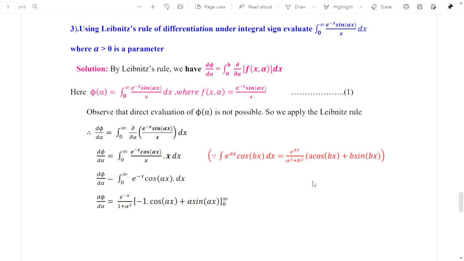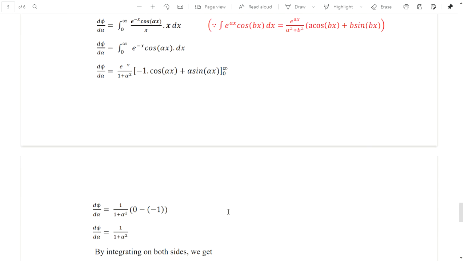By applying this formula, we get e to the power minus x by minus 1 whole squared plus alpha squared, into a cos bx, where a is minus 1, so minus 1 into cos alpha x, plus b, which is nothing but alpha, sin alpha x. The integration is evaluated, so the limits 0 to infinity have to be applied.